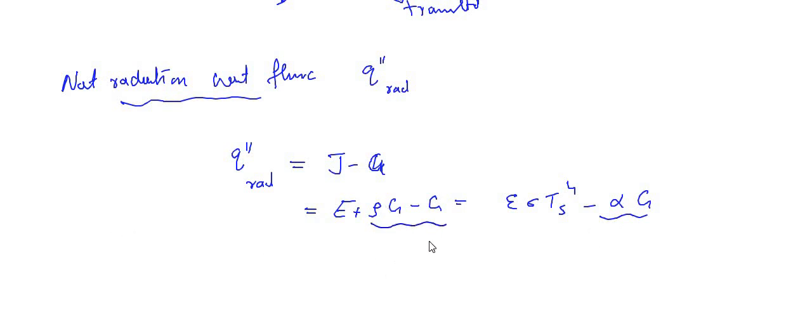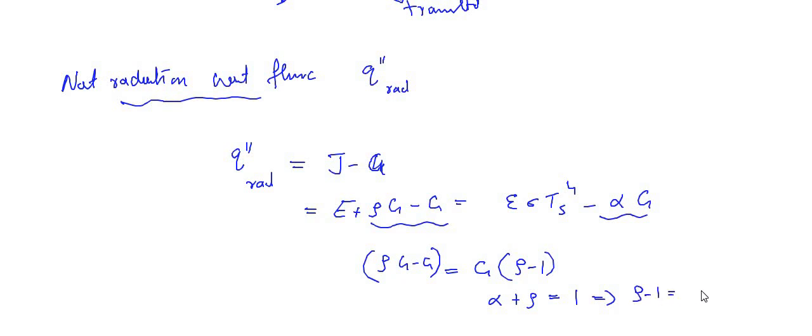Alpha G came from this: rho G minus G is equal to G times (rho minus 1). Since alpha plus rho is equal to 1, rho minus 1 is equal to minus alpha. So that is what we have used here. That is the net radiative heat flux.